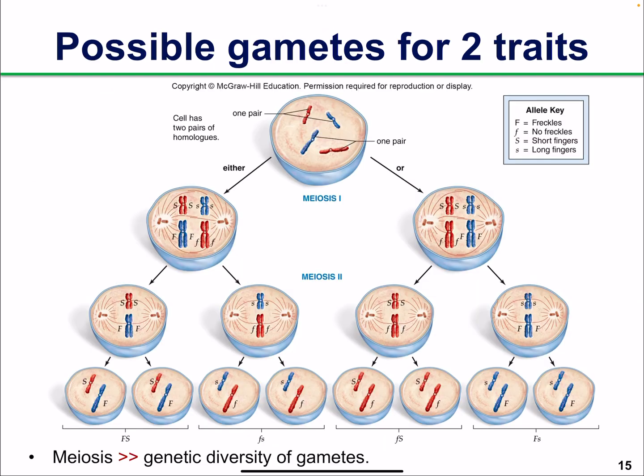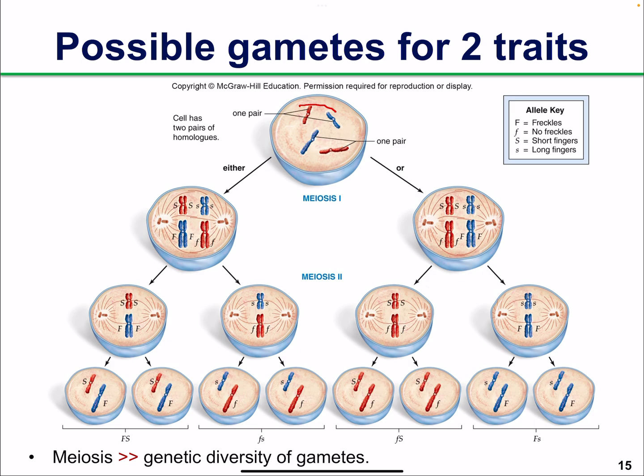All right. So now, this slide here shows you for two features how the distribution of chromosomes and how gametes are forming. When we look at two traits, we're going to say that a chromosome set that we're going to call set number 1 carries one of the traits.